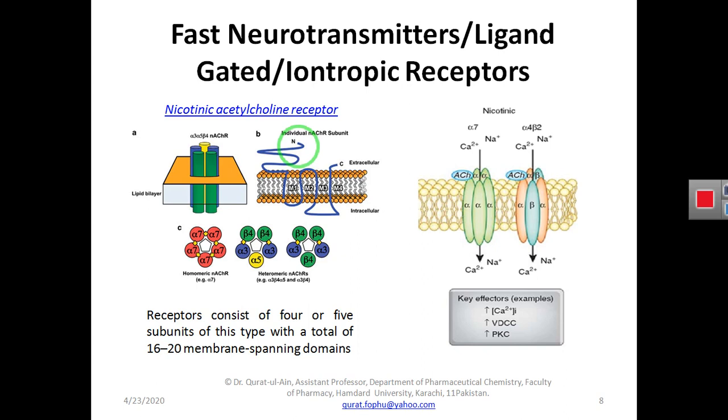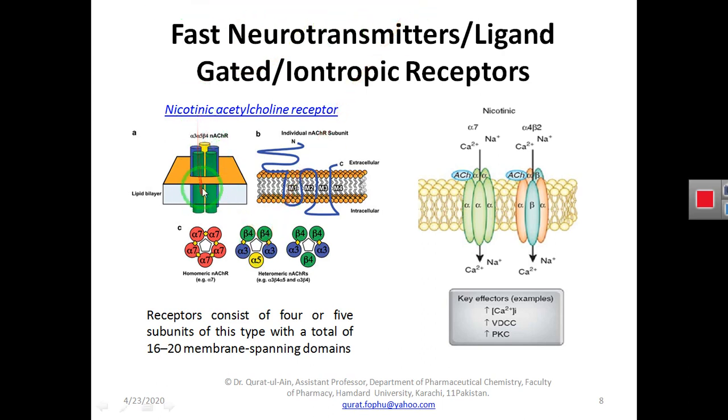The first thing to consider is that receptors belonging to superfamily 1 are fast-acting receptors, as their name suggests. They are ligand-gated ion channels, meaning they have a channel.